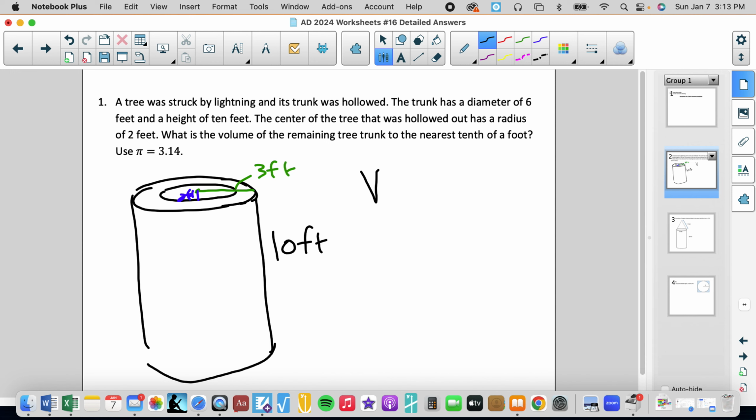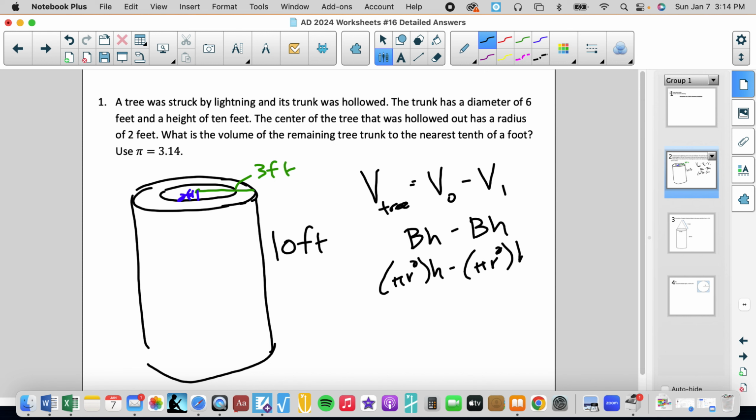The volume of the tree, the physical tree, is going to equal the volume of the outside minus the volume of the inside. So volume of outside is big B times H minus big B times H. The base shape is pi r squared times H minus pi r squared times H.